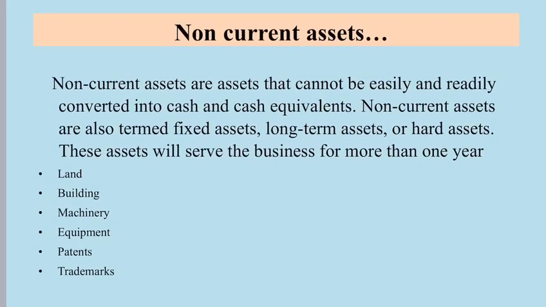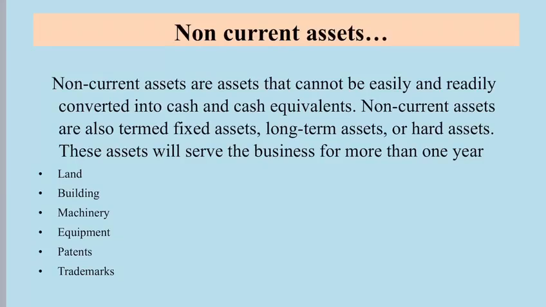When I say non-current assets, you can simply say long-term assets also. Non-current assets are assets that cannot be easily and readily converted into cash or cash equivalents. Non-current assets are also termed fixed assets, long-term assets or hard assets.